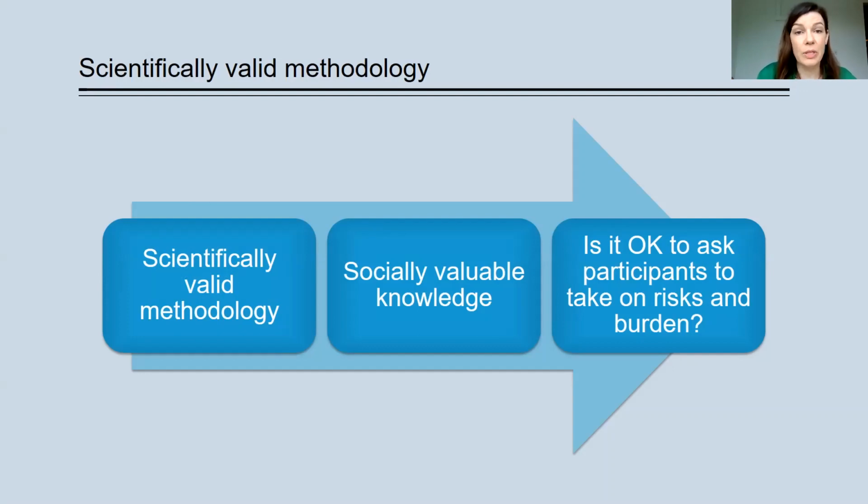And so you might want to exclude certain populations because you think that will generate too much noise in the research, but equally you might want to include certain populations where you think they're a really necessary population to study in terms of producing socially valuable knowledge. So that's how the science of the study relates to the ethics of inclusion and exclusion.